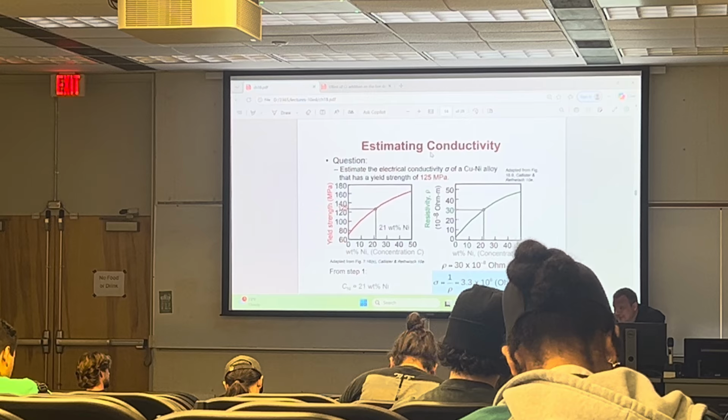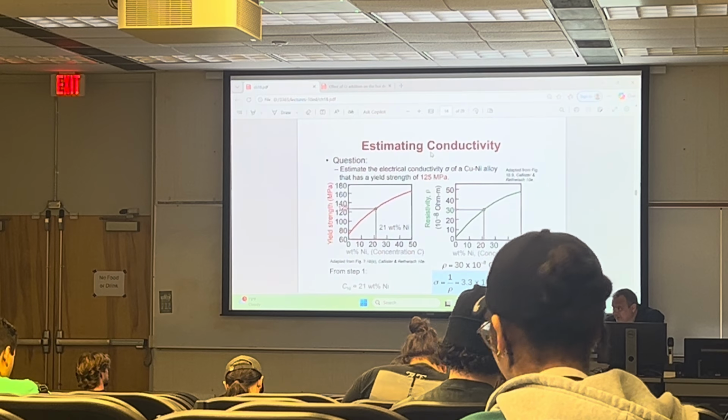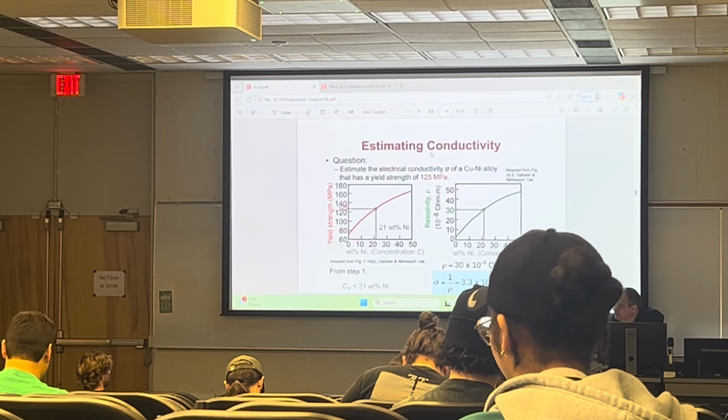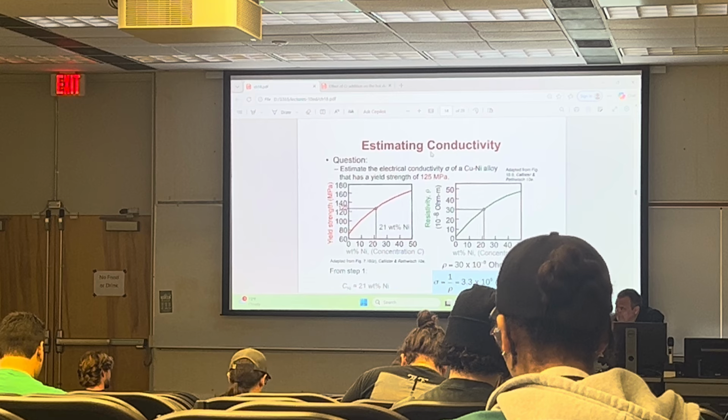Okay, and if it's less than 125 megapascals, what's going to happen to the wire? It will do what? If it's lower, it won't break. No.